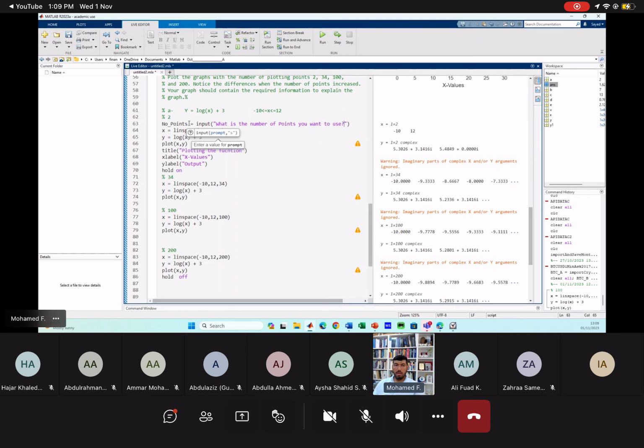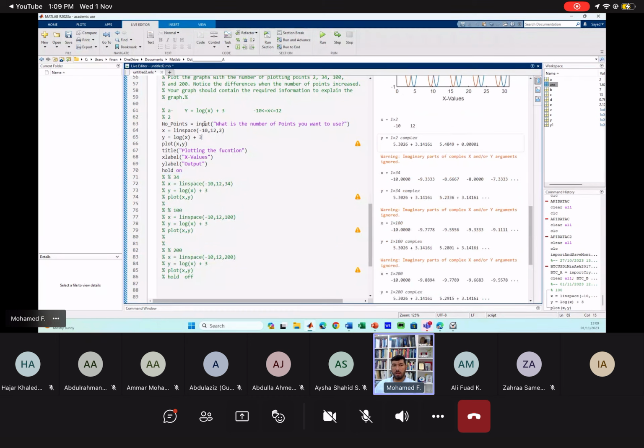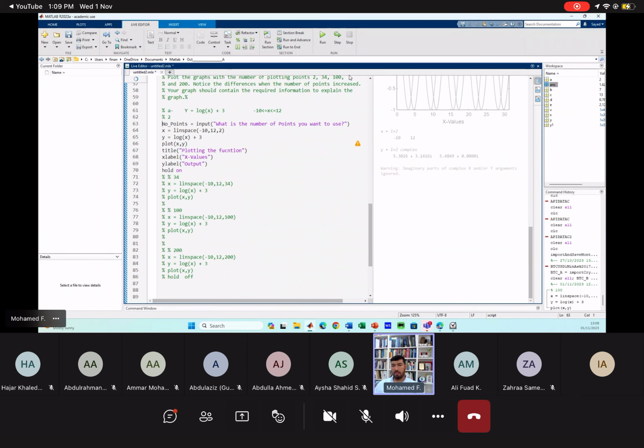Okay. Now, once we do that, we can just take that out. This is another way. This is the second way, that we don't need this. We just ask the user to input, and then we are going to draw it. So let's put that.